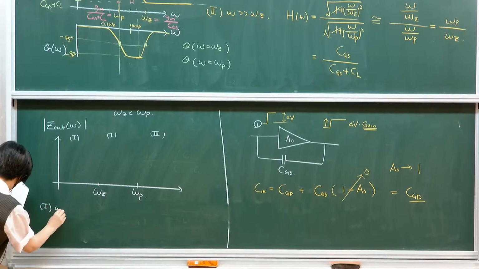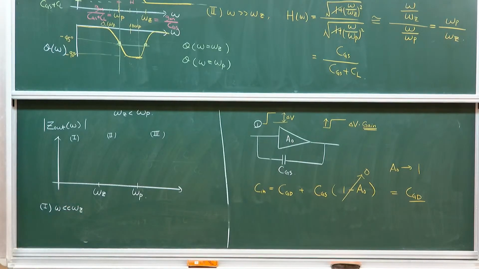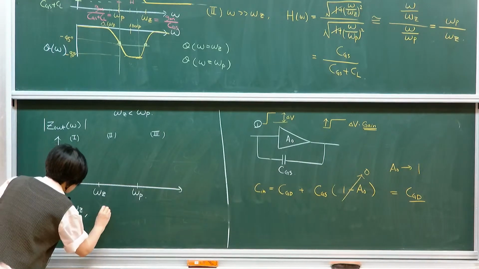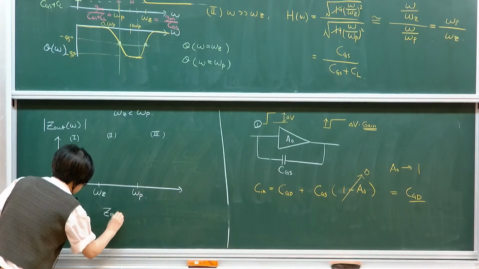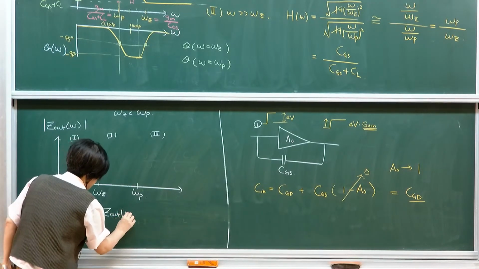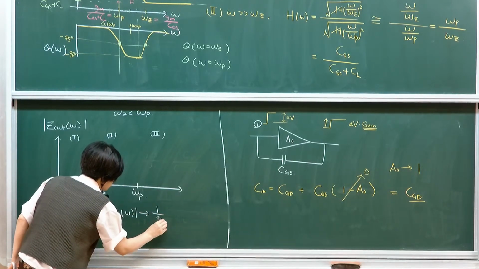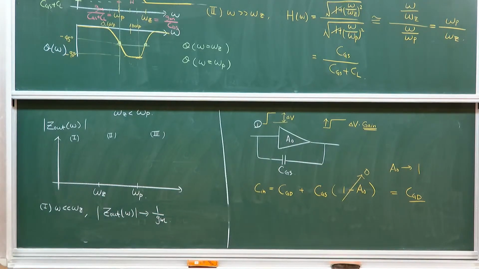At frequency much, much lower than omega Z, we know that this will equal 1, so that your overall impedance, what we usually use at low frequency, is approaching 1 over GM. This is our previous result, 1 over GM.